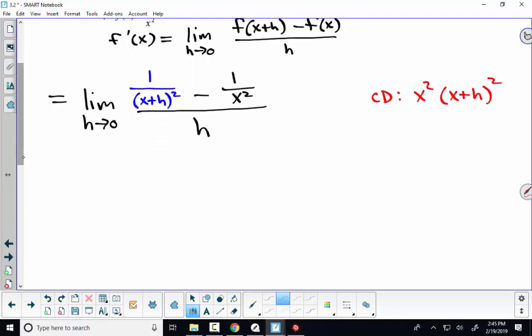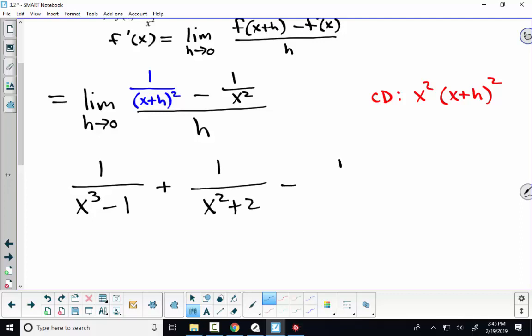I'm gonna erase this, but just to show you, if you have 1 over x cubed minus 1 plus 1 over x squared plus 2 minus 1 over x squared, it might be tedious to figure out because we could factor this, can't factor that, x squared. It might be really tedious to figure out what's the lowest common denominator. So I would just recommend finding a common denominator.